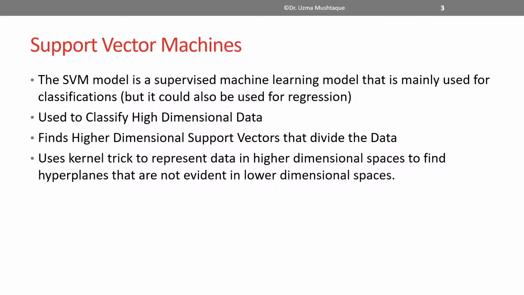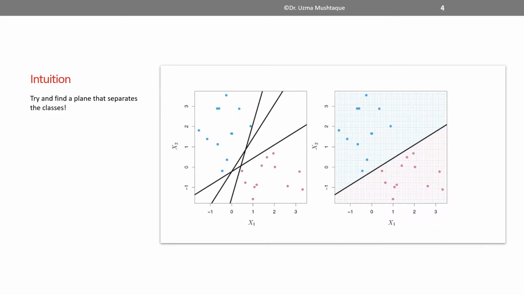Even before we begin, what is the fundamental idea? What is the intuition behind support vector machines? As you can see here, let us assume that we have two variables, two features, x1 and x2. If you remember the logistic regression lecture, in that video we talked about two different features.